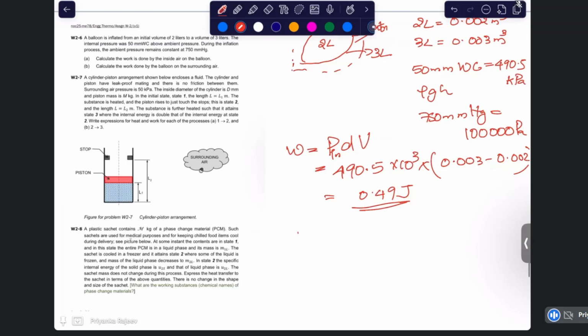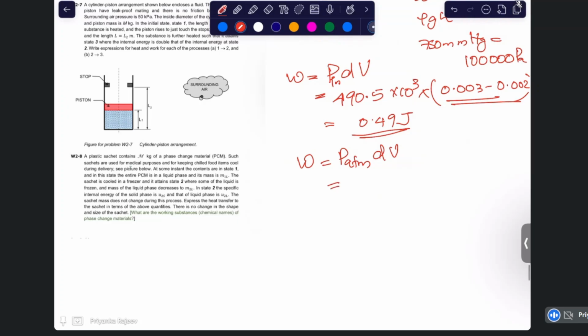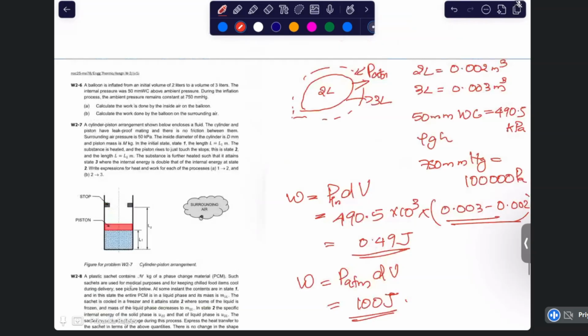So here the W is going to be P_atm times dV. dV is same, P_atm is this 1 lakh Pascal or 100 kilopascal. So 100 kilopascal times dV is equal to 100 joules. So that is the sixth question.